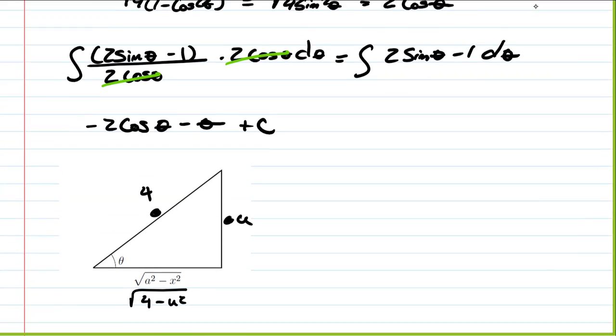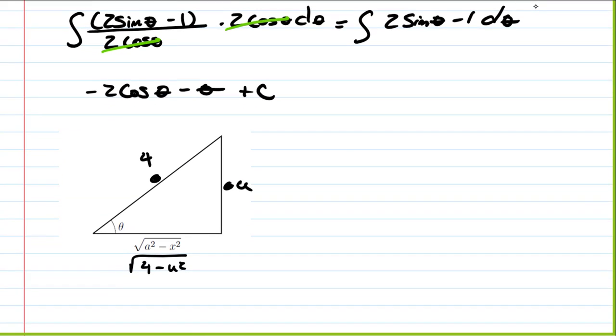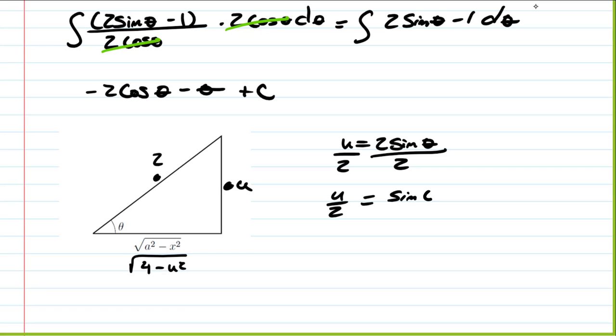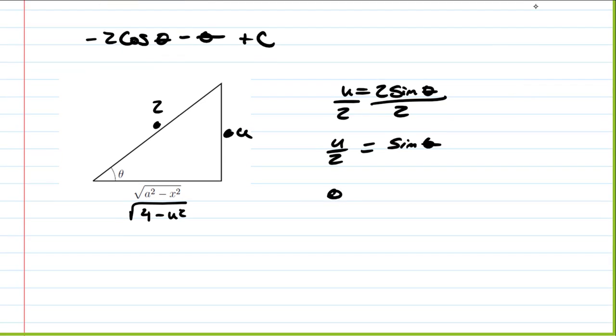And we had the substitution u equals 2 sine theta. Sorry, that's not 4, it's 2. So we could solve this equation for theta, which we're going to need. So we divide by 2, we get u over 2 is sine theta. So solving for theta, theta is the inverse sine of u divided by 2.